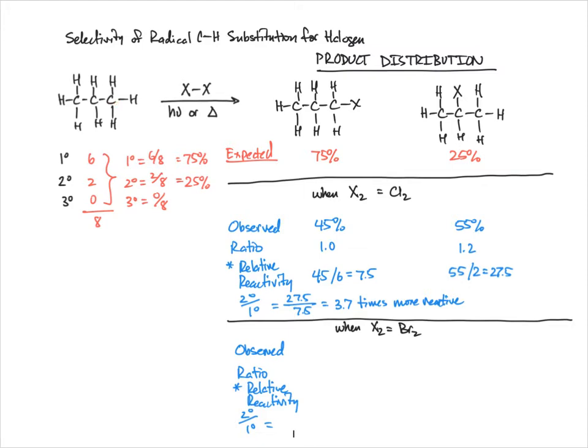This is what we aim to understand in chapters 6 and 10. Even though from statistics you're expecting a 75 to 25 ratio of these two products, in reality the secondary hydrogens, which there are fewer of, are more reactive.